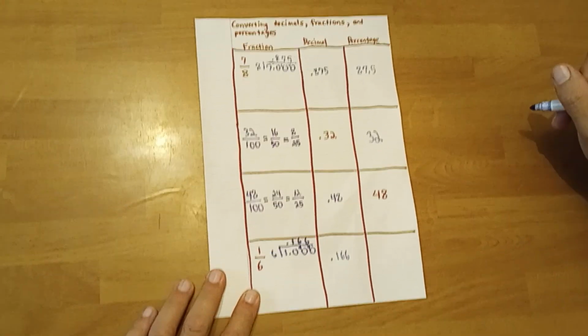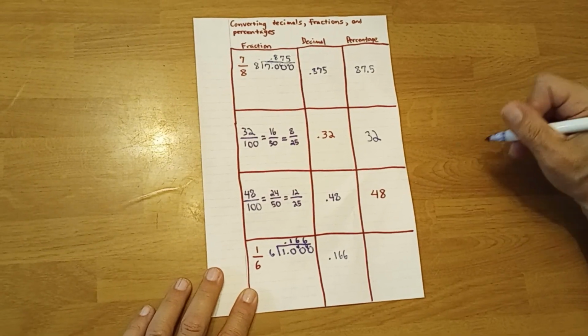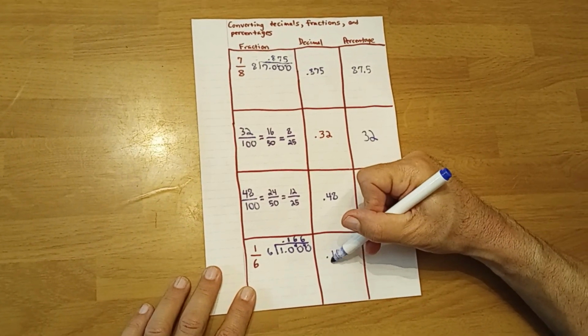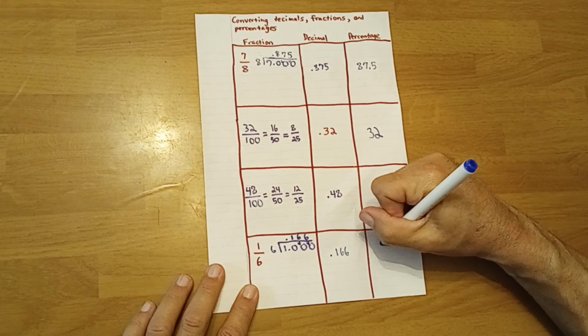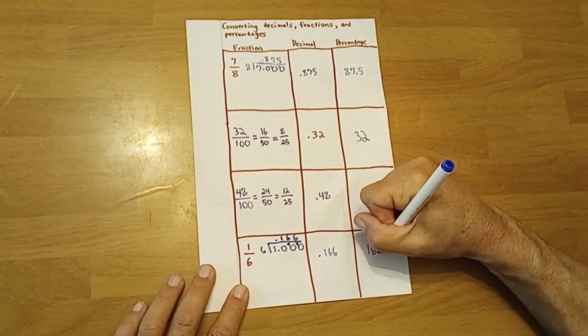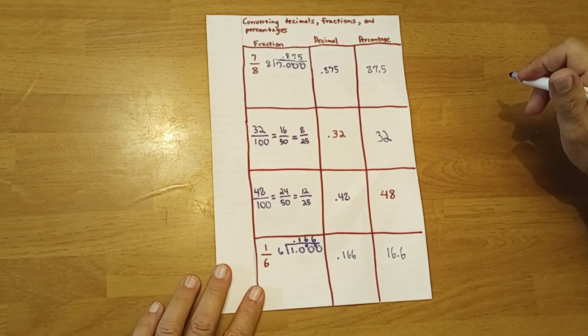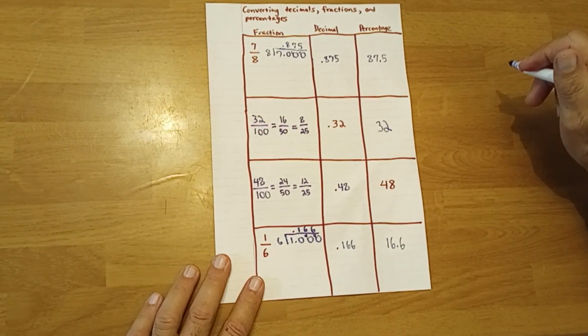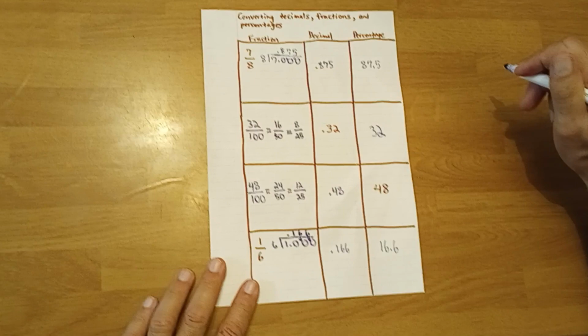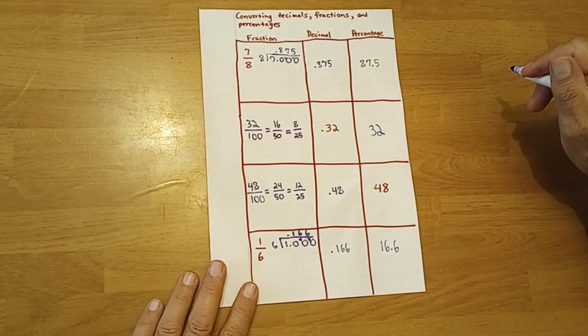Okay, now we want to do the percentage, and again we would move that decimal point over 2 places to the right, and we get 16.6. So 1/6 is 0.166 in decimal form, and 16.6%. So there you go.